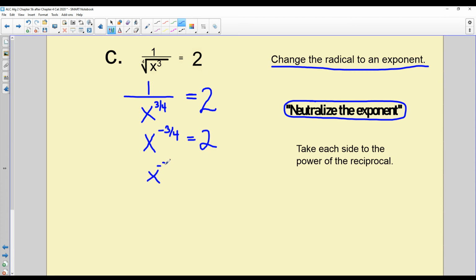The reason is because when we want to multiply to make it equal x to the first, we need another negative number, because a negative times a negative equals, that's right, a positive. All right, so if I take this to negative 4/3, then it does truly neutralize it. If I only take it to the 4/3, it doesn't make it x to the first power.